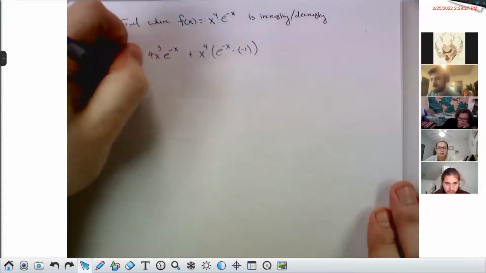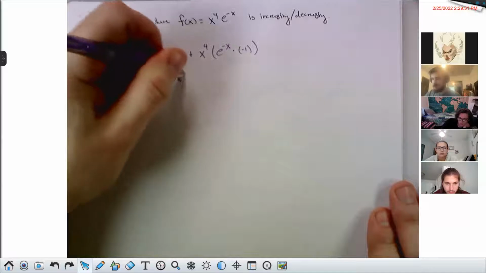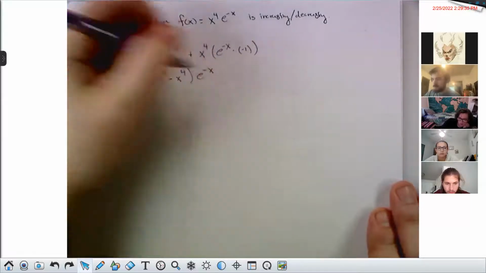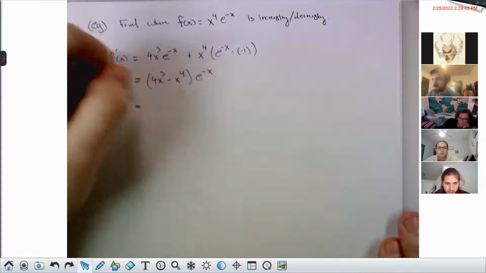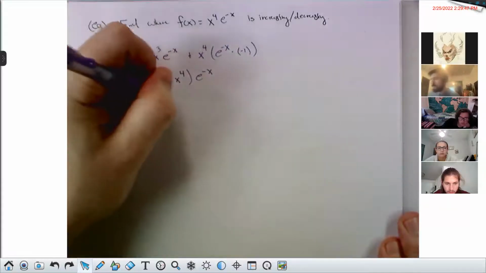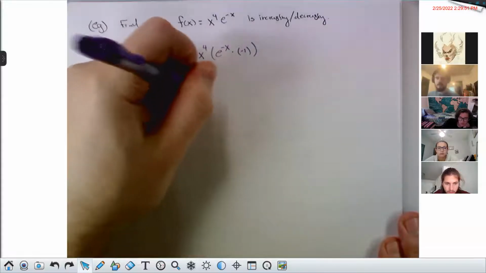Factoring out e to the negative x, I get 4x cubed minus x to the 4 times e to the negative x. And from that polynomial piece in the front, I can extract a factor of x cubed, leaving me with 4 minus x, e to the negative x.